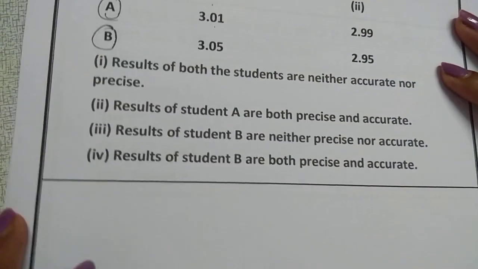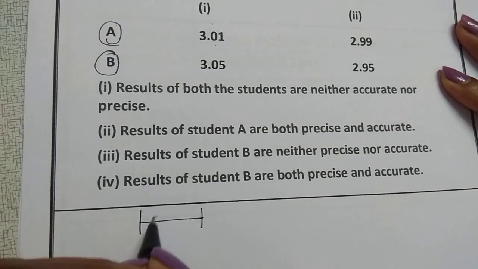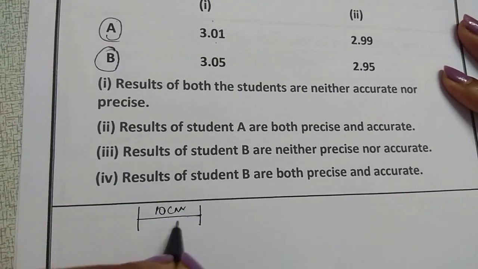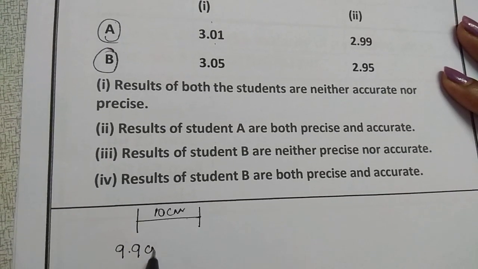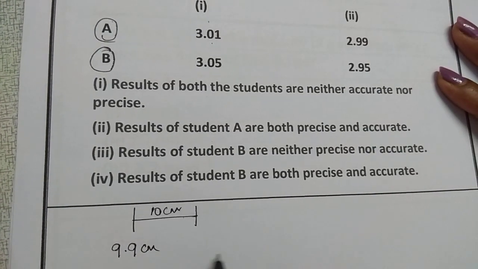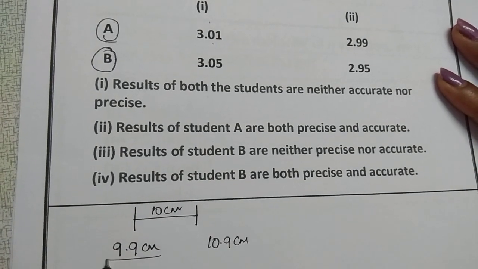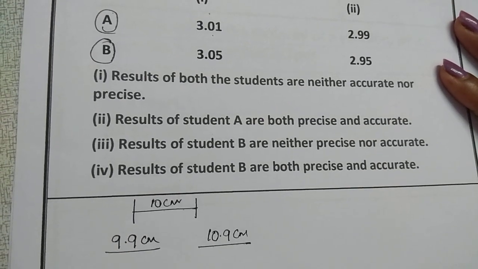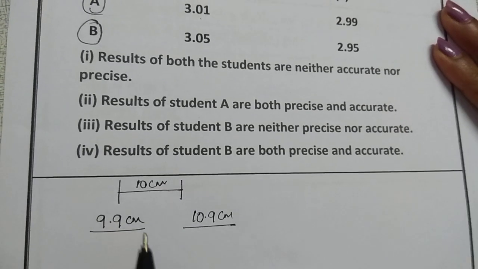For example, you want to measure a distance, and this distance is 10 centimeter. When you do an experiment, you measure it and first get 9.9 centimeter, and the second time you measure, you get 10.9 centimeter. And your friend also measured this distance.